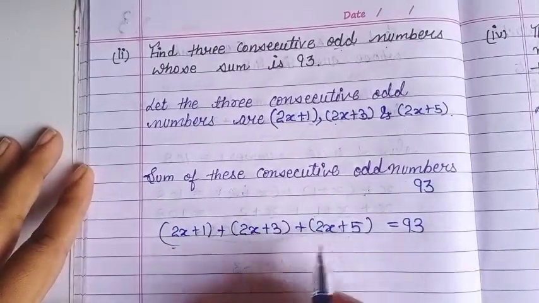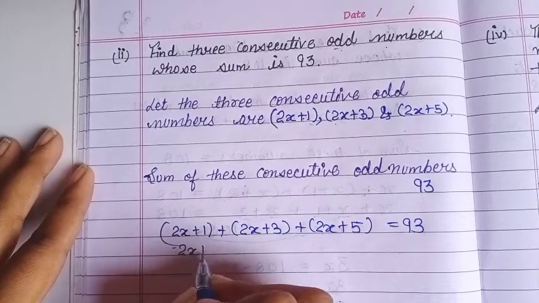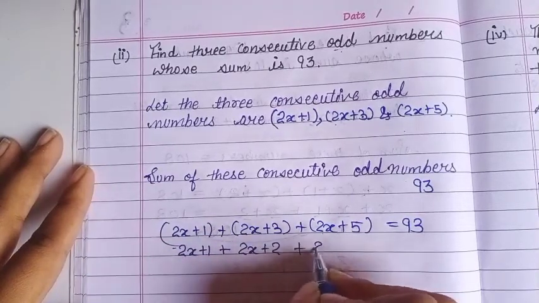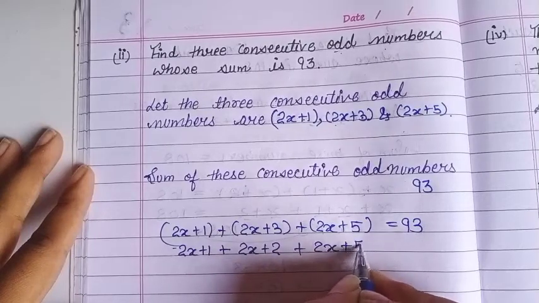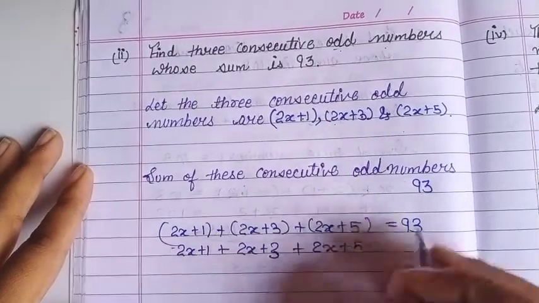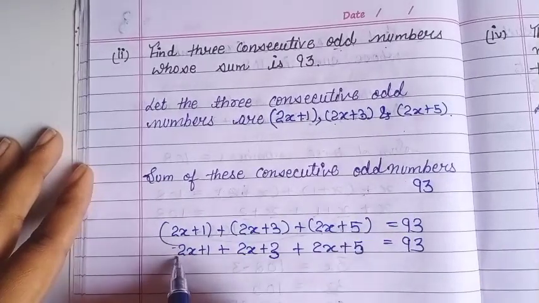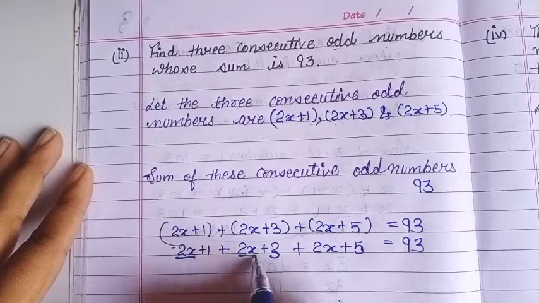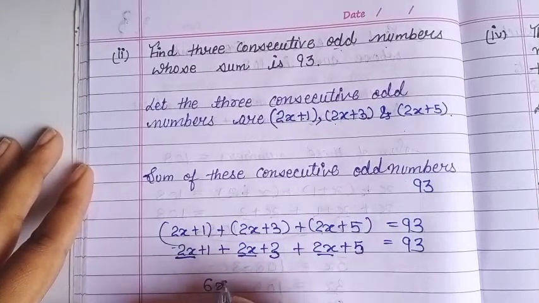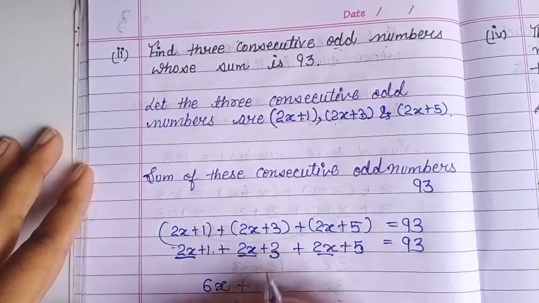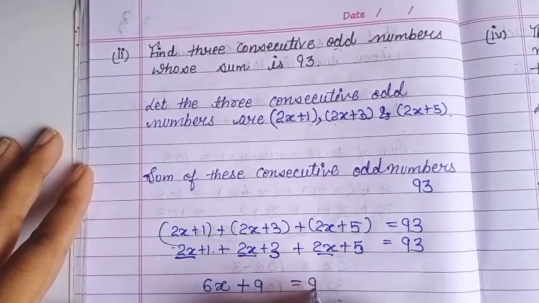First of all, open these brackets. 2x plus 1 plus 2x plus 3 plus 2x plus 5 is equal to 93. Now add the like terms. 2x, 2x, 2x, so this is 6x plus 1 plus 3, 4 plus 5, 9 is equal to 93.